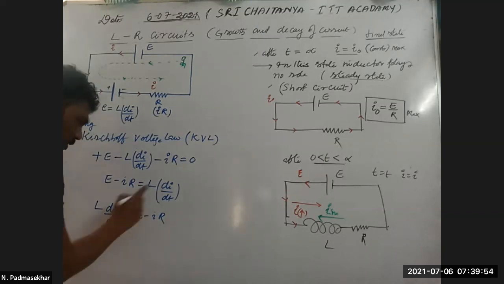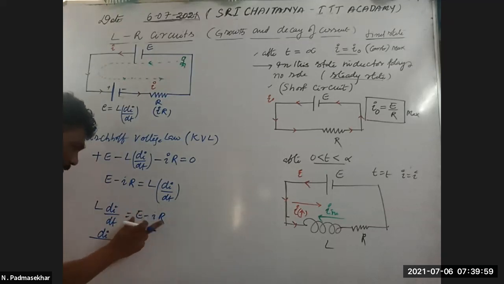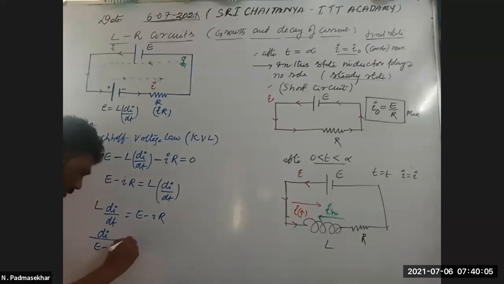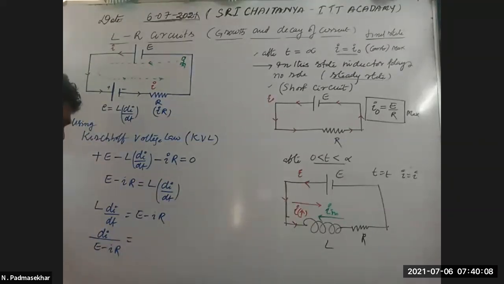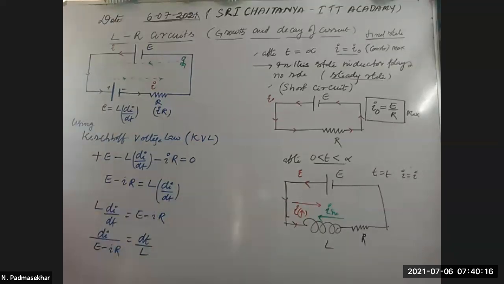Now di divided by E minus IR is equal to dt by L. The E minus IR is taken to this side, and L by dt is taken to that side, so that is dt by L.